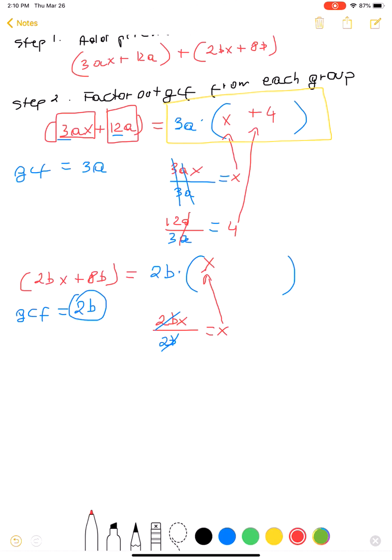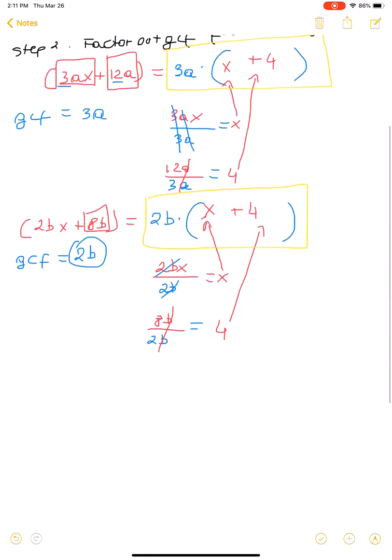Then take the original 8b and divide by the GCF, 2b. 8 divided by 2 is 4, and b cancels, so it's just 4. That goes inside the parentheses, so we have x plus 4. Save that, because we're going to use it in step 3.